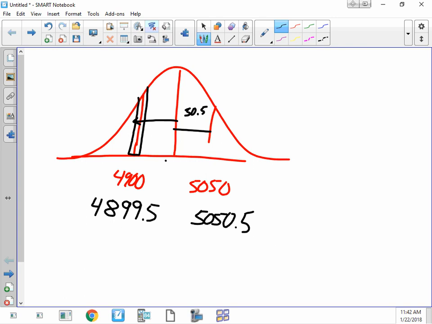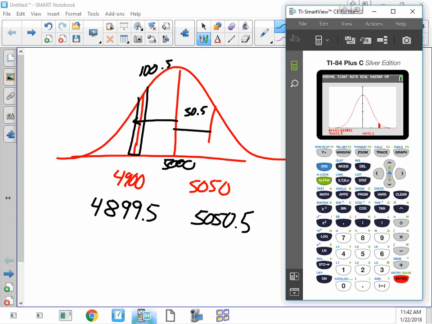The expected value should be 5,000. So that's 100.5. So we divide those. 50.5 divided by 5 gives us an upper bound of 10.1. And then 100.5 divided by 5 gives us a lower bound of 20.1.